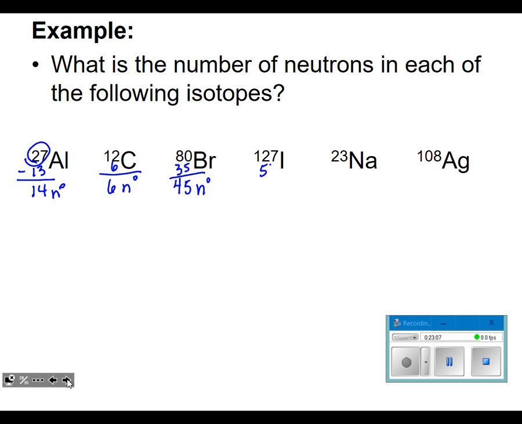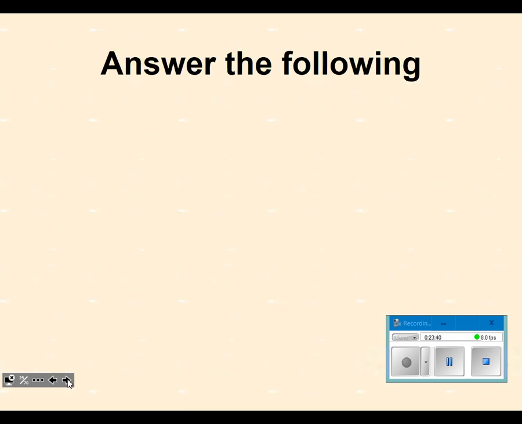Iodine is 53, so we'd end up with 74 neutrons. Sodium is 11, so we would end up with 12 neutrons. Ag is 47, so we'd end up with 61 neutrons. I just subtract all those.